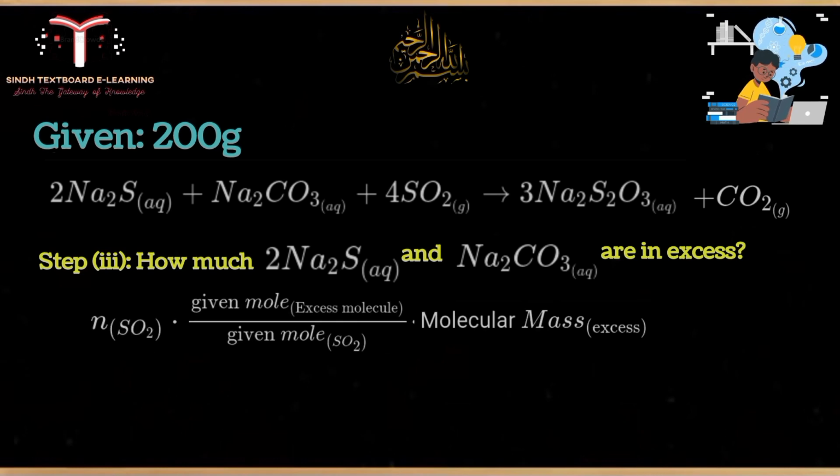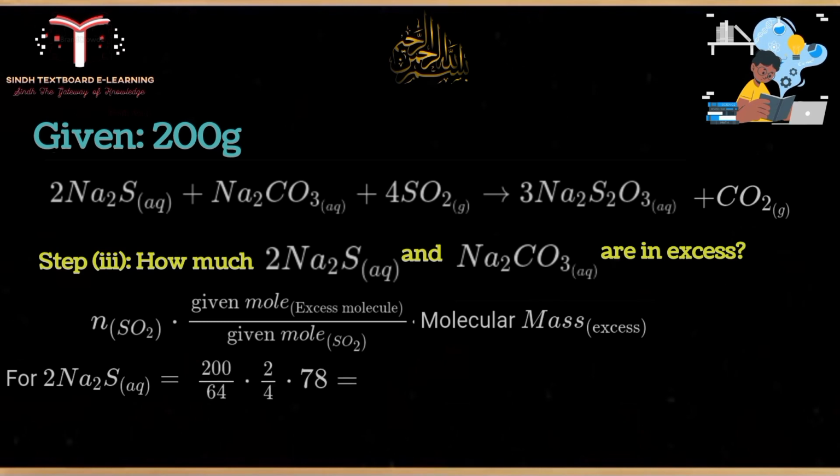Here is the formula: number of moles of limiting reactant multiplied by given mole of X molecule over given mole of limiting reactant, and multiply it with the molecular mass of the X molecule. First we find Na2S.